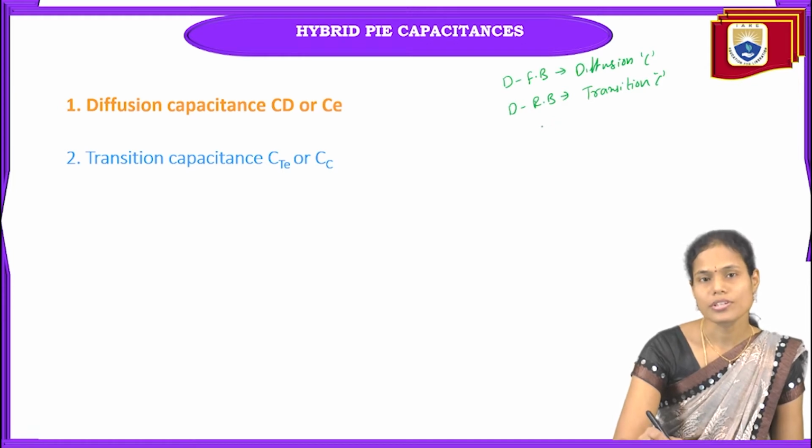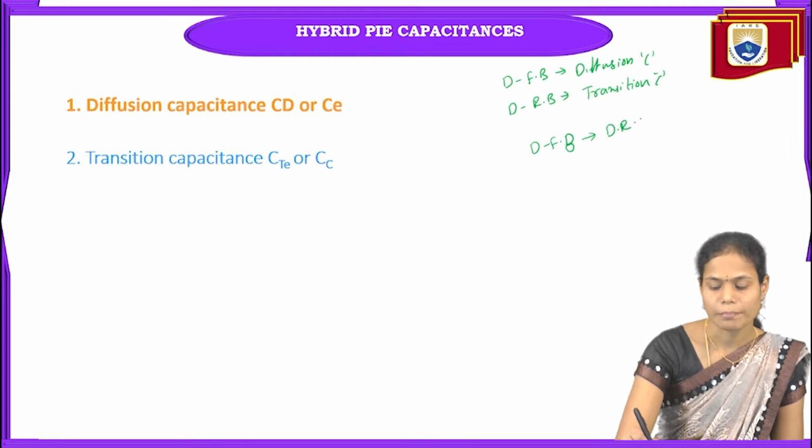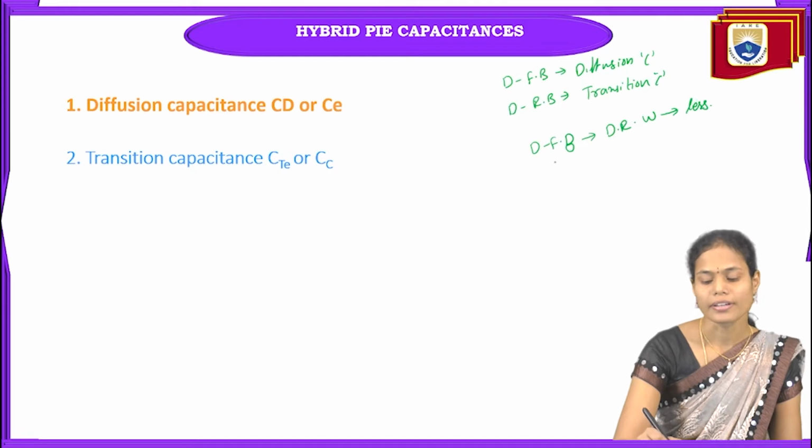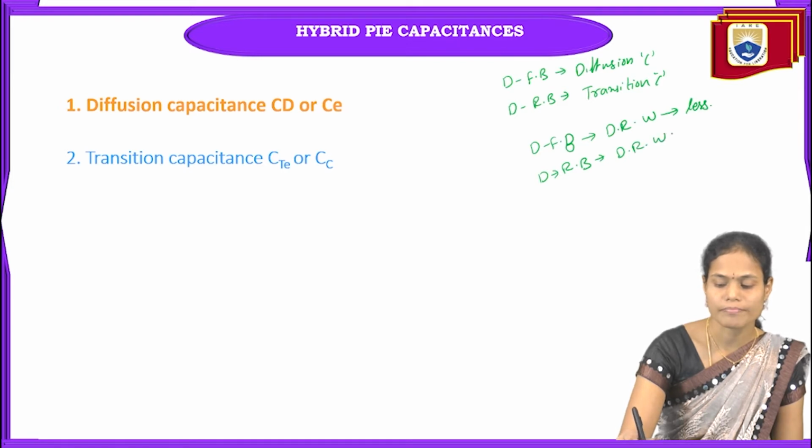So if the PN junction diode is in forward bias condition, the depletion region width is very less. And when the diode is in reverse bias condition, the depletion region width is very high.